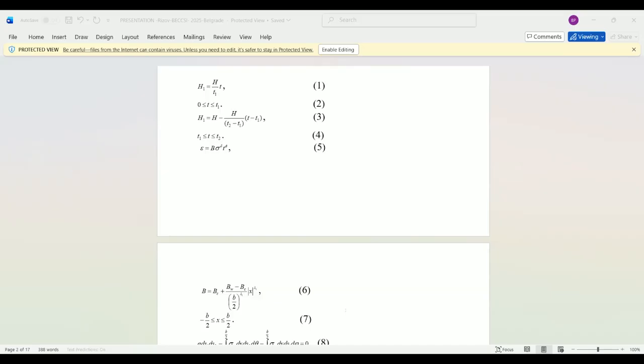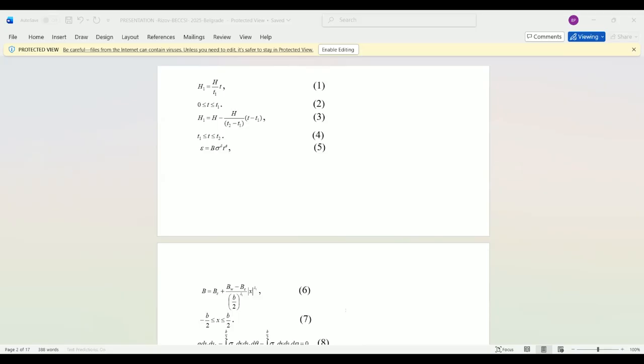The origin of x is in the mid-surface. b is the wall thickness. Since the tank is thin-walled, b is small compared to the diameter of the tank. Bc and Bw are the values of B in the mid-surface and in the surface of the wall. Lambda 1 is a parameter.